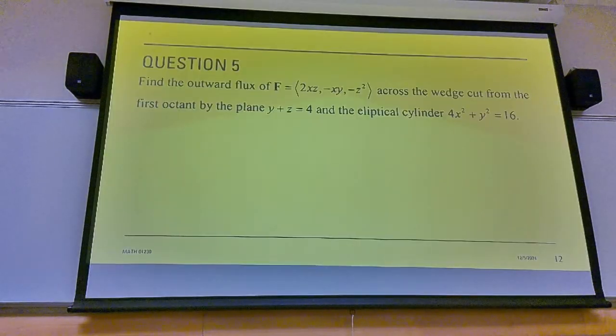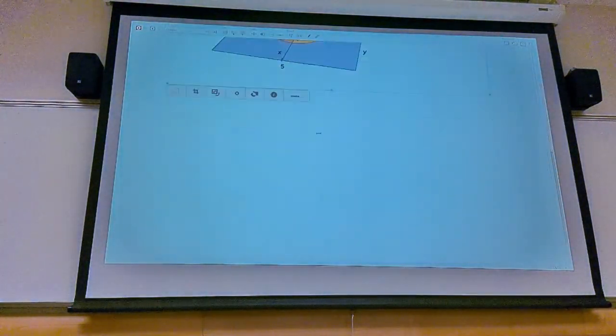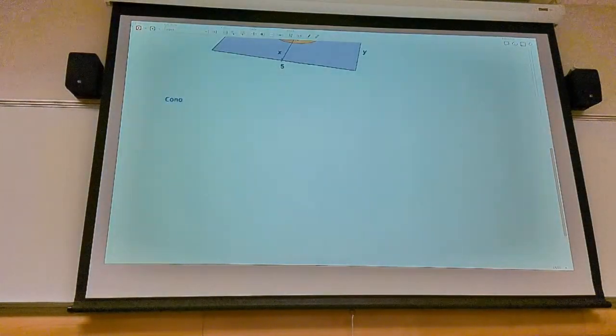We want y plus z equals 4, or x squared plus y squared equals 16, and it's the first octant. Why did I do z twice?